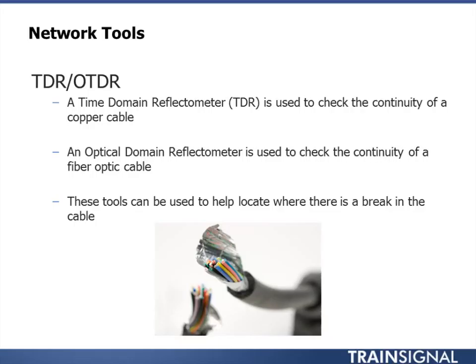Well, these tools can help you locate where there is a break, or even if it's not a break, a malfunction in the cable. These tools are used to basically send a signal that is going to measure how long it takes before the signal bounces back, and based upon that, it will know where the problem is.